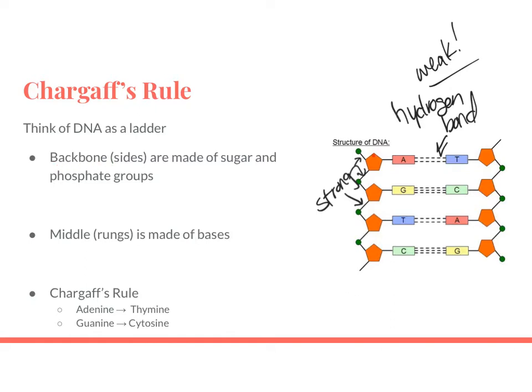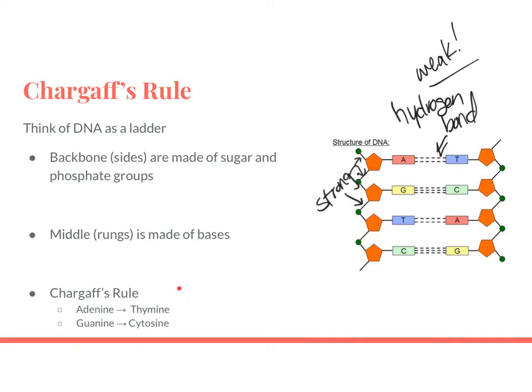The backbone, or these sides, are made up of the sugar, represented with this orange little pentagon, and then the phosphates, which are the green little circles. So a nice, strong backbone, and then the middle is made up of these weaker rungs of our ladder, which are just the bases, held together with this hydrogen bond, so they are very, very weak because that's just an attraction.